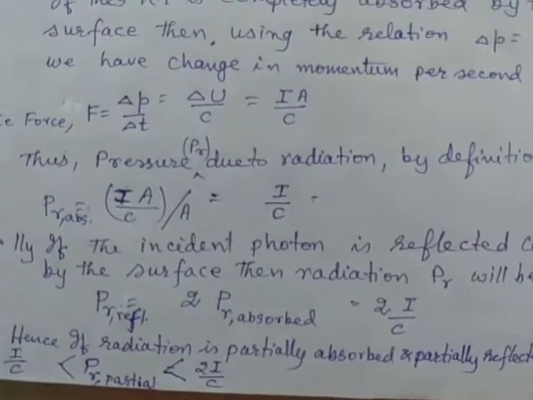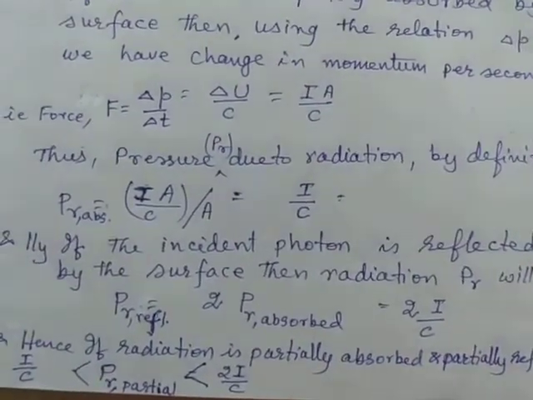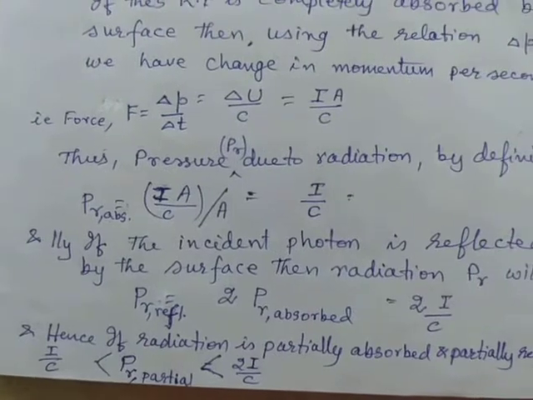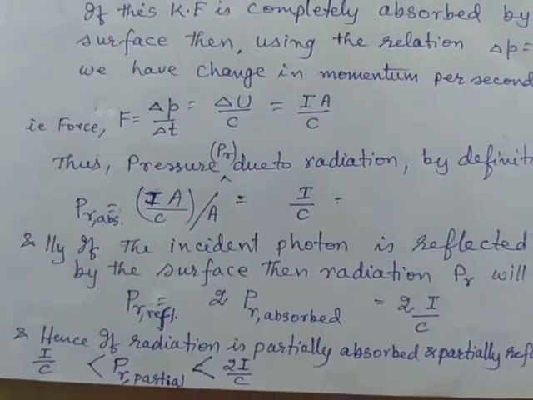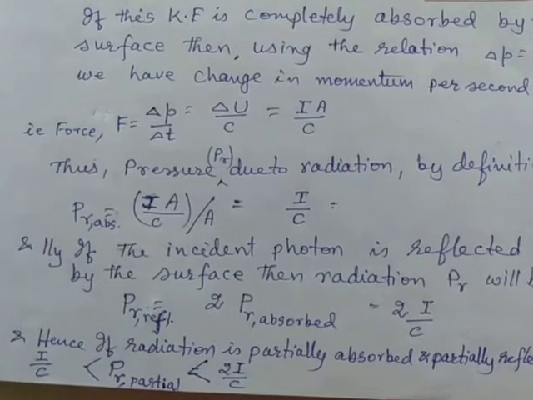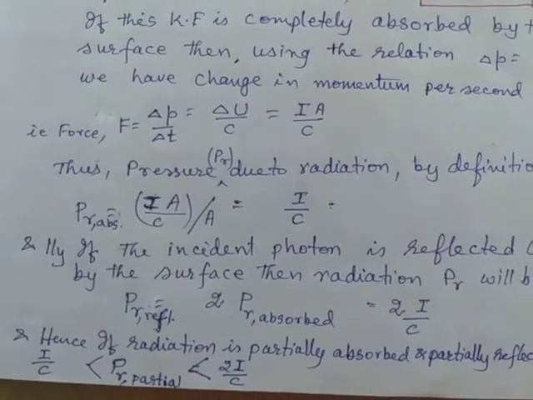And in case the light is being reflected by the surface, then this pressure will become 2I by C, because delta P becomes 2 delta U by C.